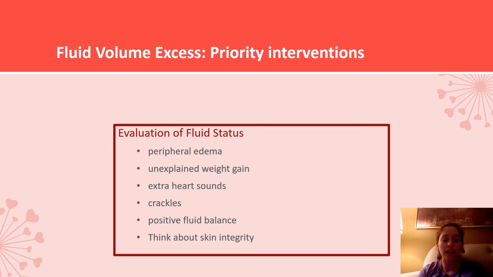So we really have to, again, be very cognizant of our patient and watch for signs of fluid volume excess, because if our patient starts showing these signs, then we know for sure our patient is having a decline in their heart functioning ability, and we need to intervene very quickly. So that means maybe pulling off fluid, helping their heart out, maybe giving digoxin, so on and so forth.